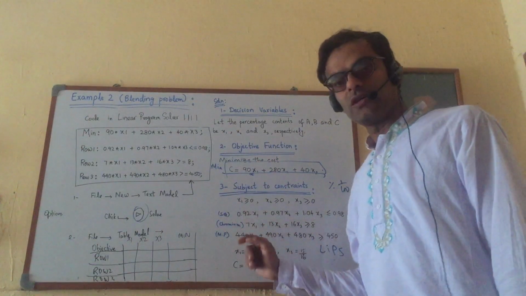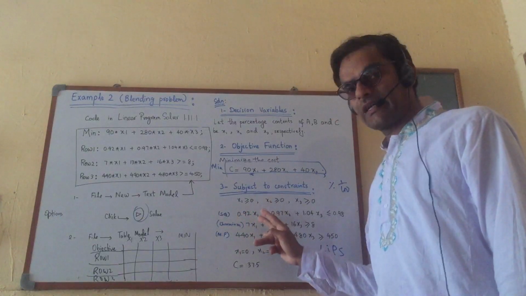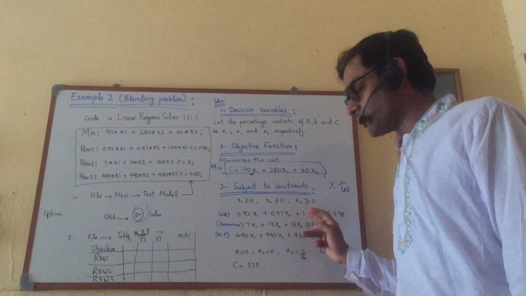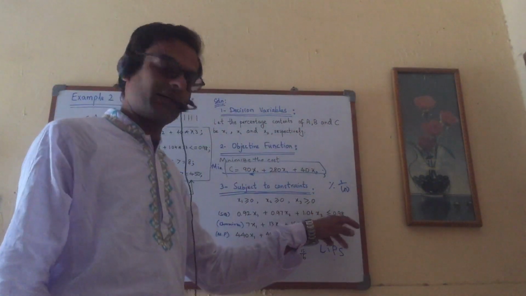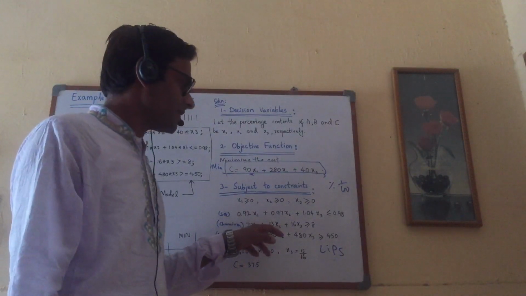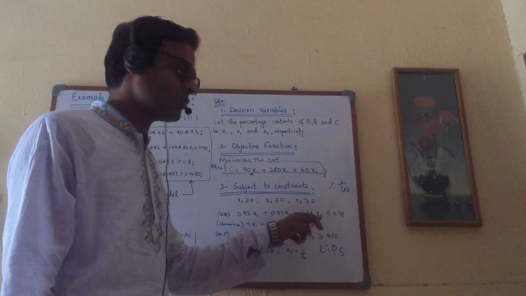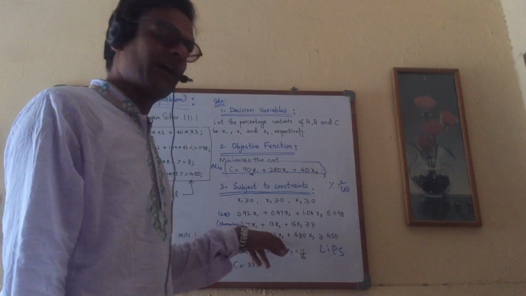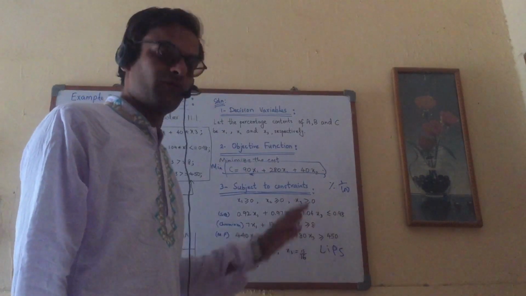We had three constraints. The first: 0.92 times x1 plus 0.97 times x2 plus 1.0 times x3 less than or equal to 0.98. The second: 7 times x1 plus 13 times x2 plus 16 times x3 greater than or equal to 8. The third: 440 times x1 plus 490 times x2 plus 480 times x3 greater than or equal to 40.